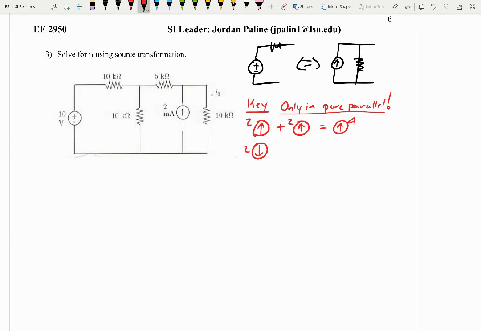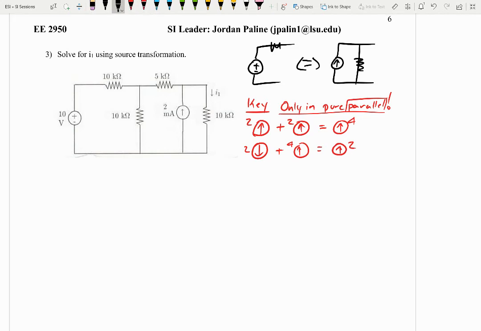But let's look at this concept real quick. If I have 2 going down, and I've got 4 going up, add them together, and I'll take the remainder to be 2 going up. This is very powerful, but everything has to be in parallel, so nothing in between the branches.